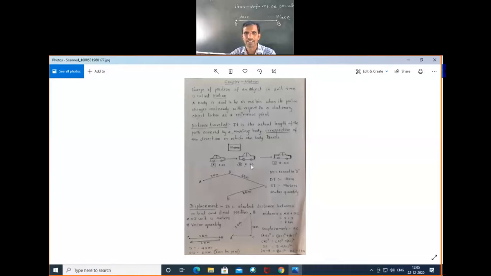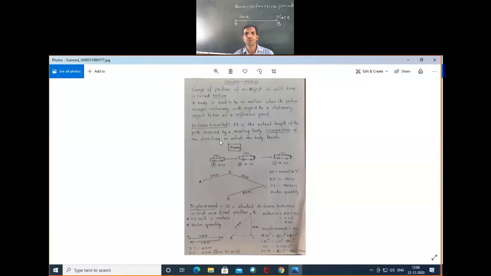Then again the same car is moving from B to C. Again it is reaching at 9 o'clock, which means it is taking 30 minutes from B to C. I hope you are getting my point. So here, home is a reference point and there is a continuous change of position with respect to a stationary object. This way, the home is a stationary object and the object is moving continuously.